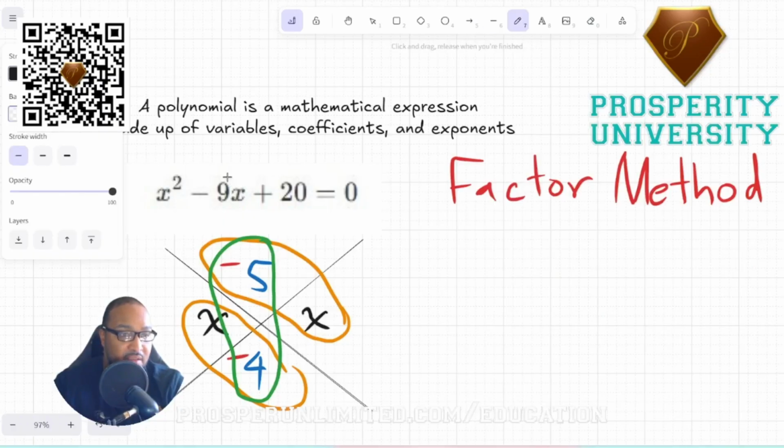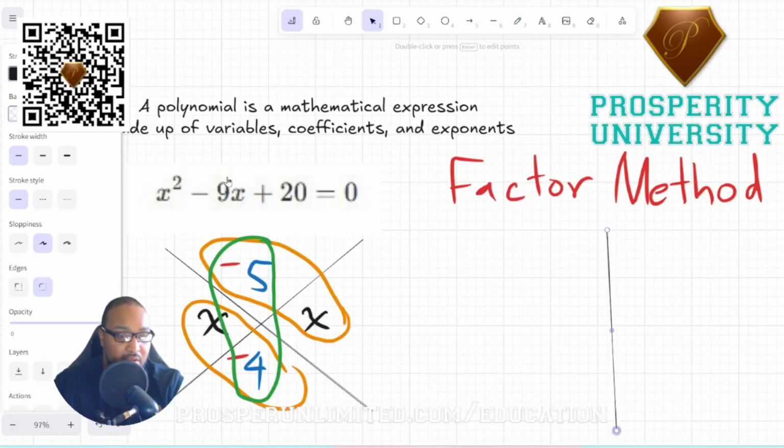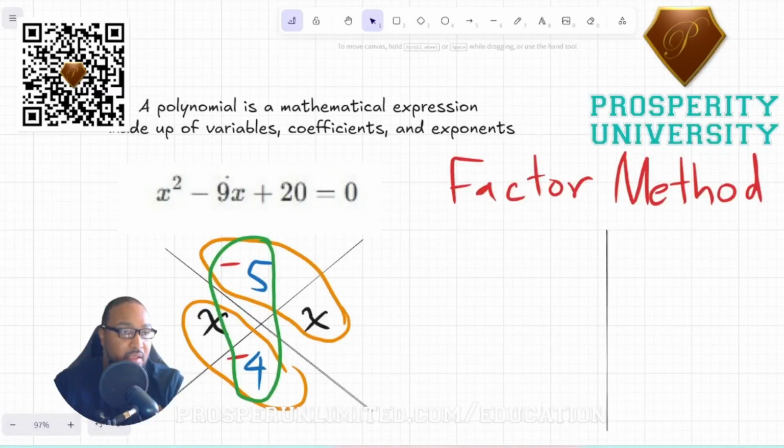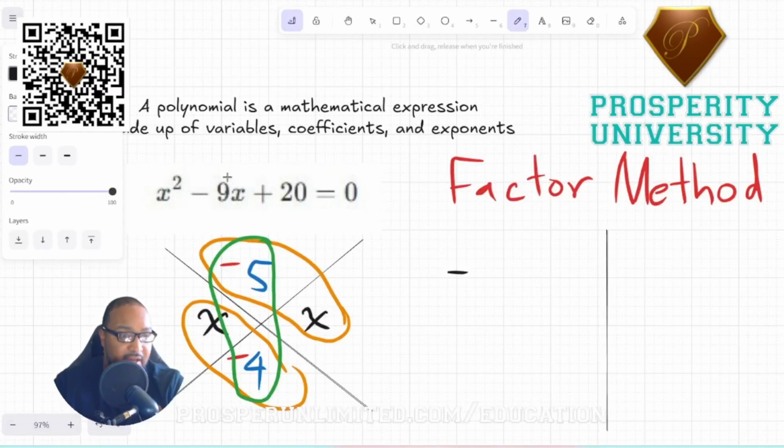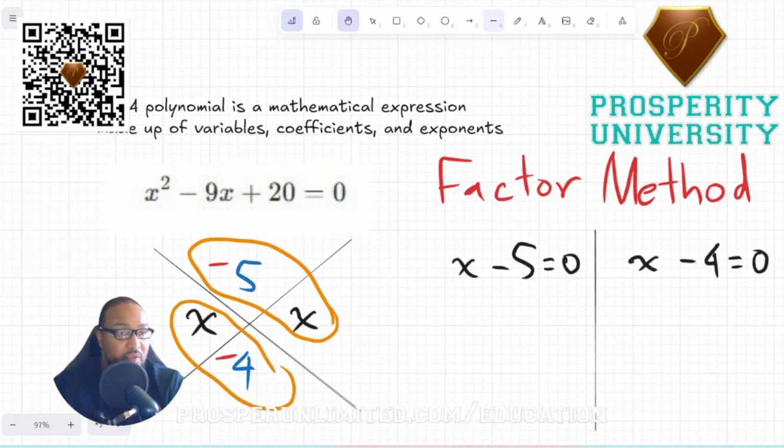So we know that x, let's put a separator here. And we know that -5, we can say x minus 5 equals 0, right? Because that's a -5. And x minus 4 equals 0. So we know we factored it correctly.